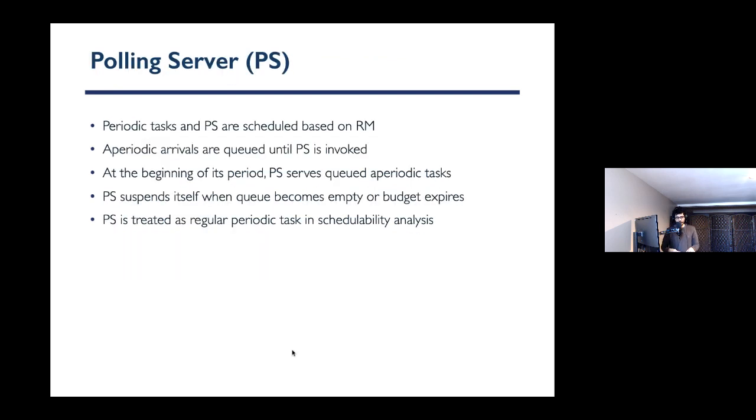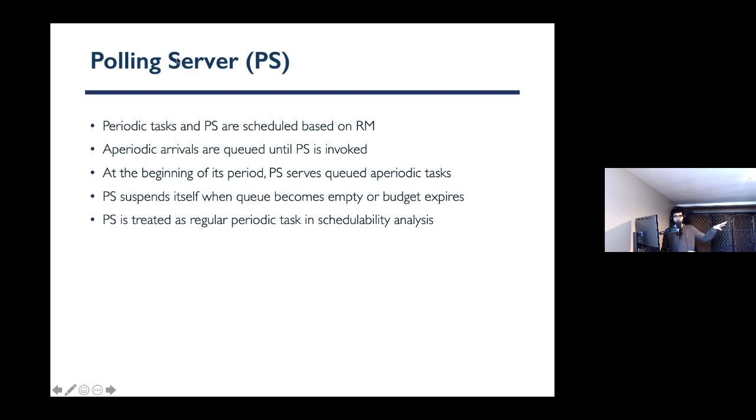Okay, so the first one that we're going to see is called polling server. How does it work? Well, periodic tasks and the periodic server, both of them, are going to be scheduled based on RM. So with polling server, the scheduling policy is rate monotonic.